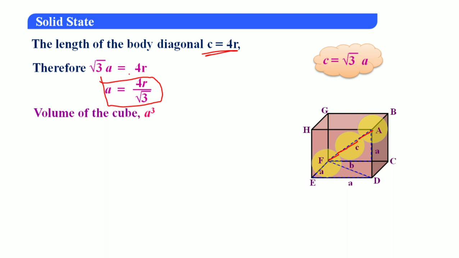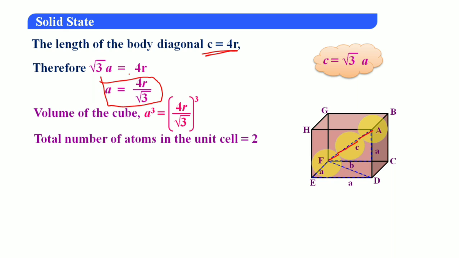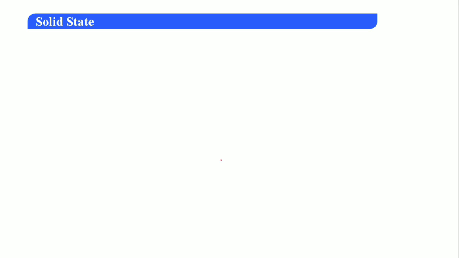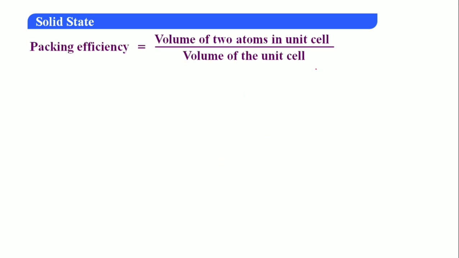Now, volume of the cube, A cube is equal to (4R by root 3) cube, you can consider. Then total number of atoms in BCC is how many? For BCC it is equal to 2. So the volume of the two atoms is equal to 2 into 4 by 3 pi r cube. In this particular case, use the formula: volume of two atoms in the unit cell divided by volume of the unit cell into 100%.